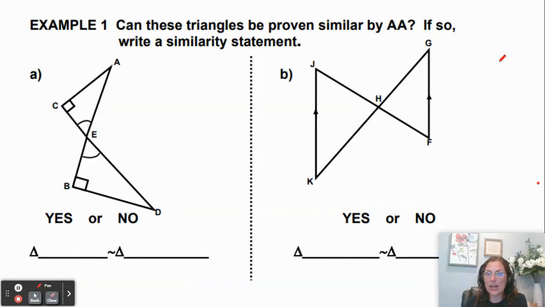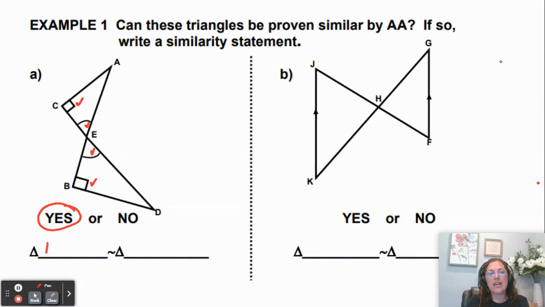So can these triangles be proven similar by angle, angle? Do we have two angles that are congruent? So if we look at A, I see that I've got congruent angles with those right angles. And then I've got these angles right here that are congruent. So I've got two pairs of angles that are congruent. So that's a yes.